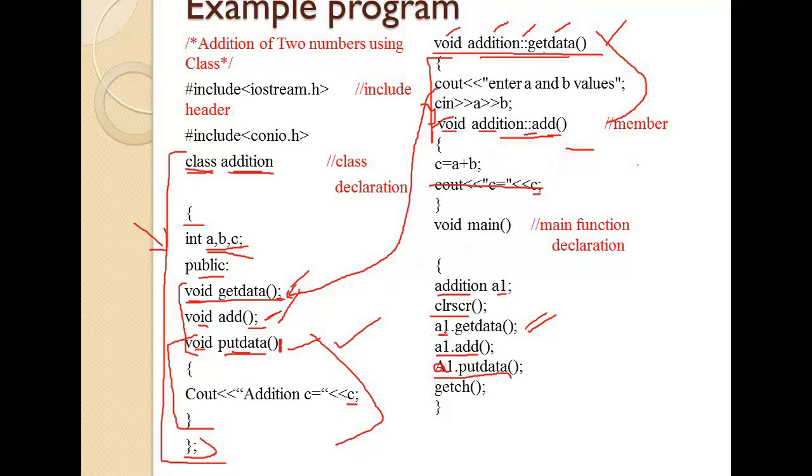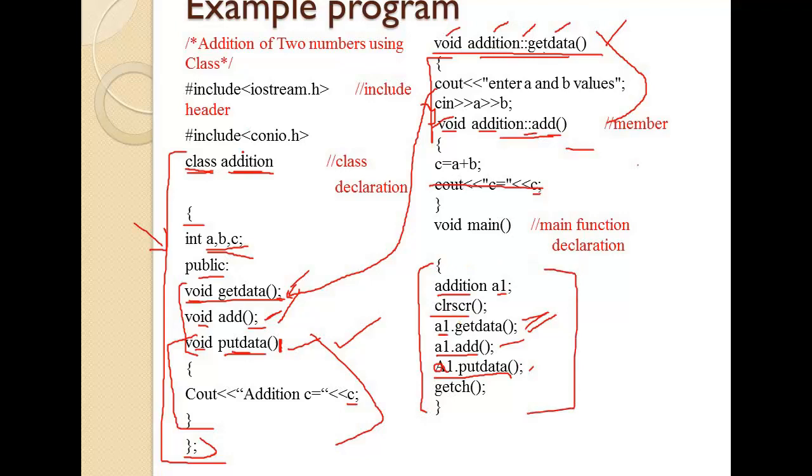The order in which we call them is what matters, inside the main program. First we need to get the value, go for addition, and then put data. If you swap them, for example, if you first call add, it will show an error. Why? Because first we need to get the input from the user.